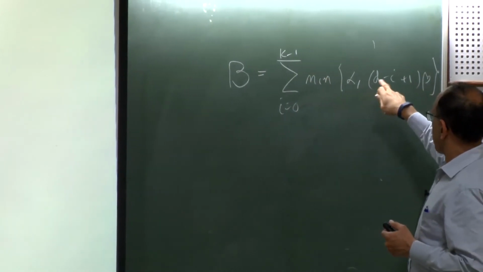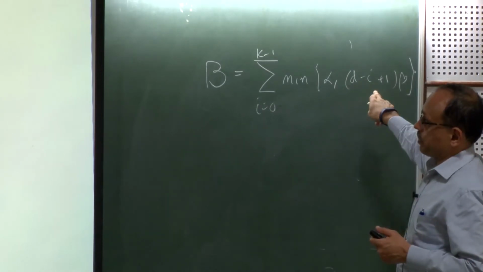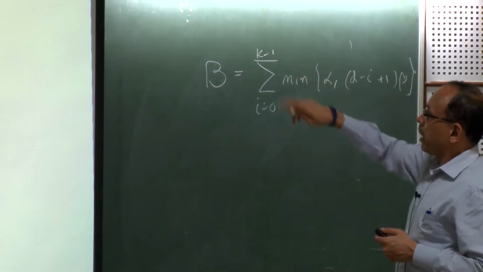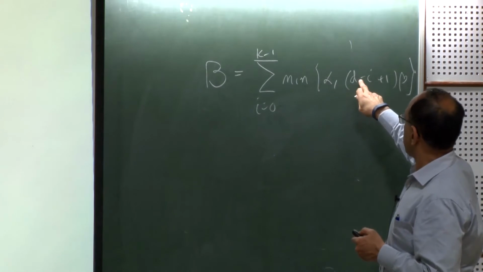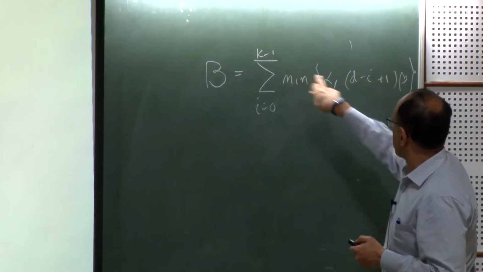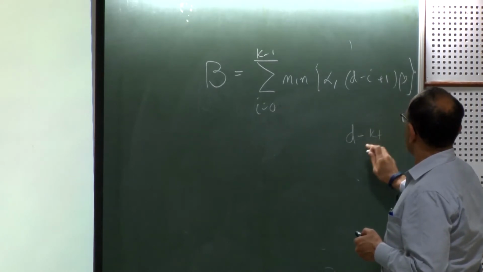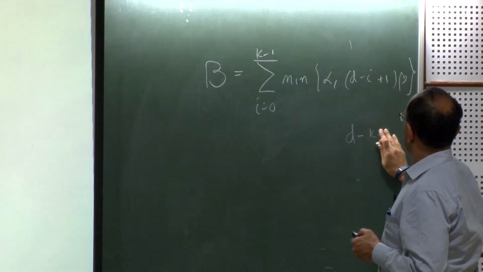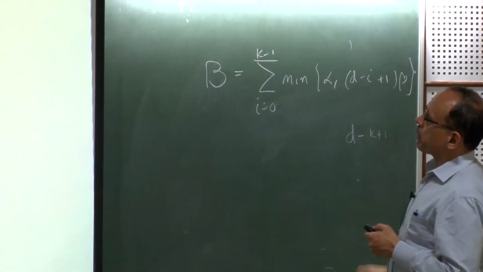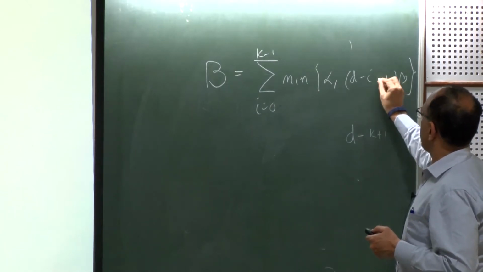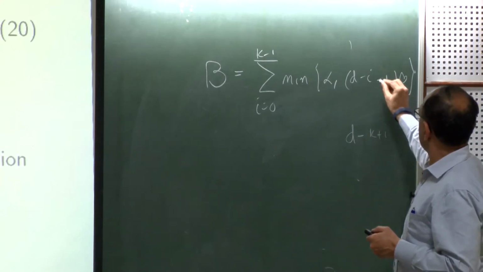So when i equals k minus 1, this is d minus k plus 1 times beta. So this should be plus 1, right? Yeah, so this is plus 1.